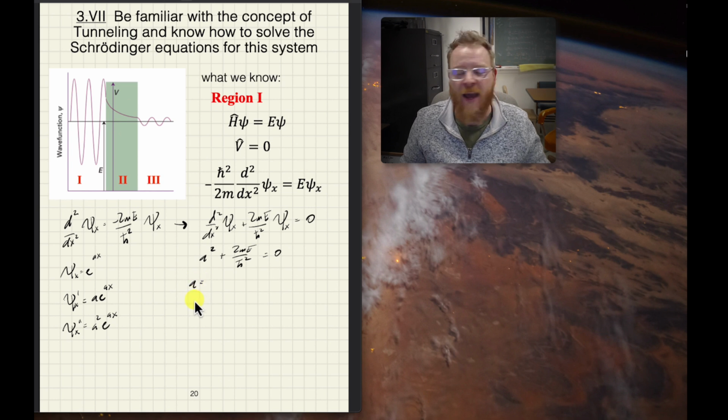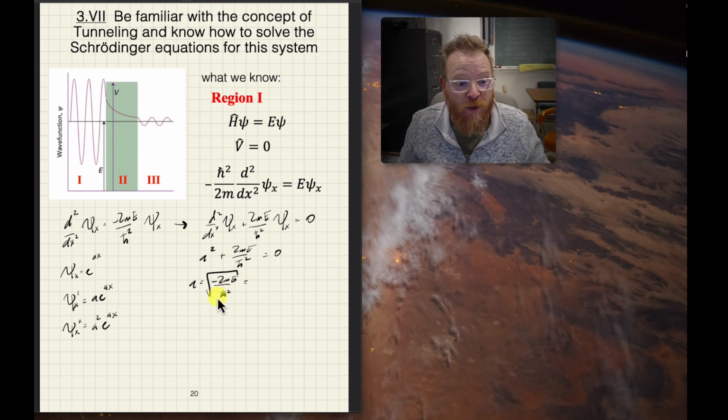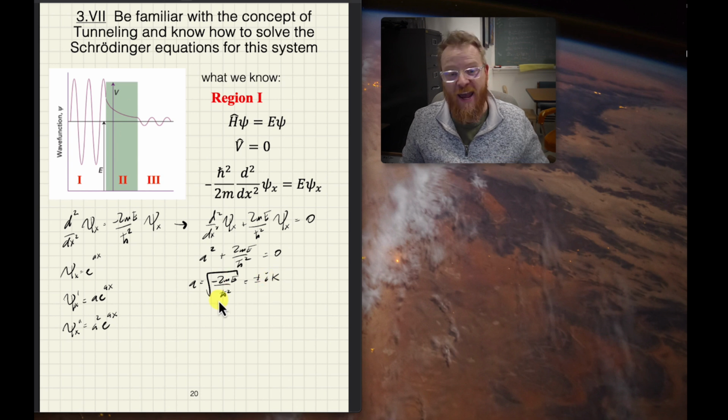And thus a will equal the square root of negative 2mE over h bar squared, okay? And so recall, we called all of that our wave number solution. So what we get for a is plus or minus i k, where k is all of that stuff inside the square root.